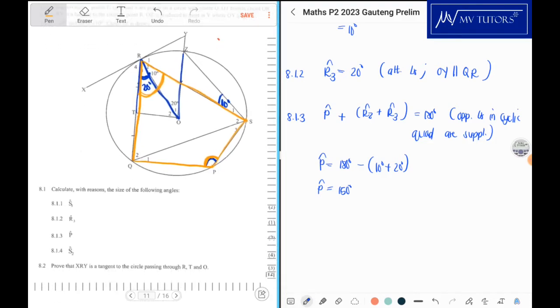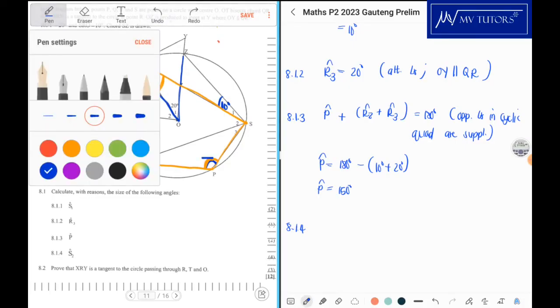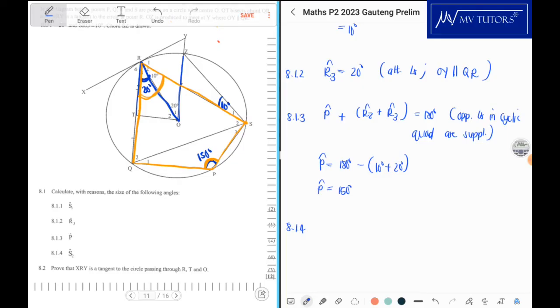Okay, this is where you score marks, guys. Question 8, please make sure you don't fumble it. Make sure you grab as many marks as you can. All right, so we know that P is 150 degrees. Let me just use blue, let me be consistent. So we have 150.